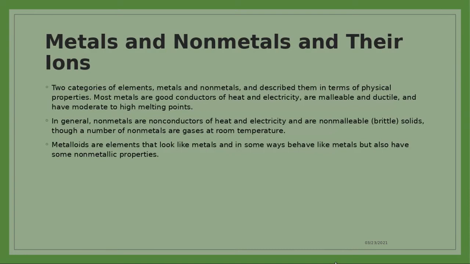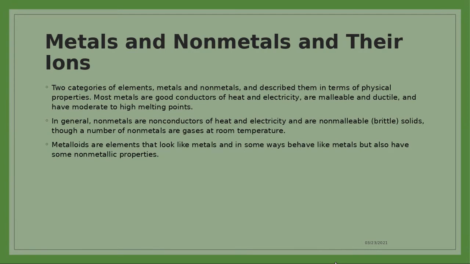Metals and nonmetals and their ions. In the original periodic table, the positions of the elements were based on readily observable physical and chemical properties.